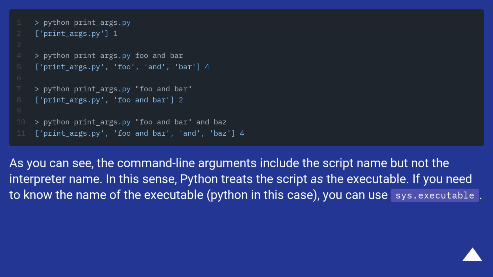As you can see, the command line arguments include the script name but not the interpreter name. In this sense, Python treats the script as the executable. If you need to know the name of the executable, Python in this case, you can use sys.executable.